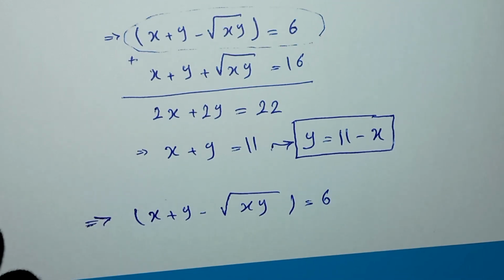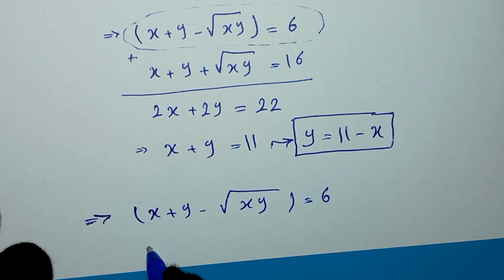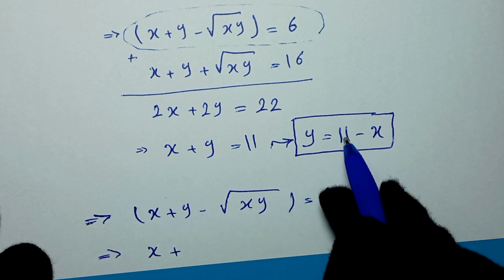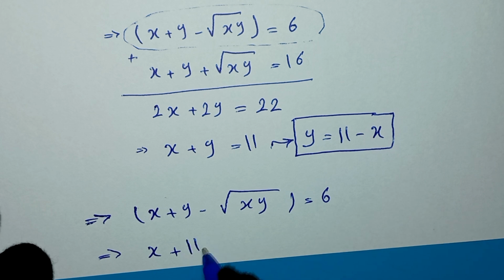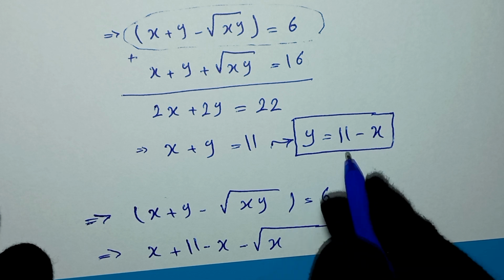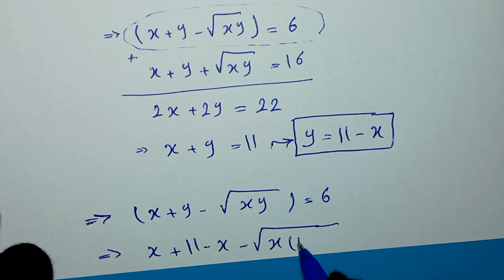And it will be x plus y, we can write as 11 minus x. 11 minus x minus square root of x times y, y is 11 minus x, is equal to 6.